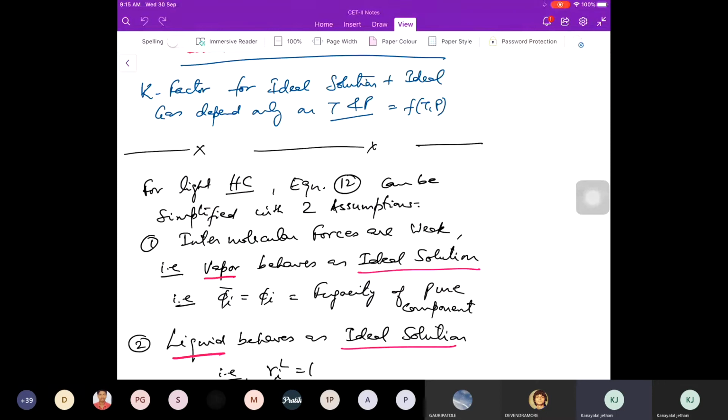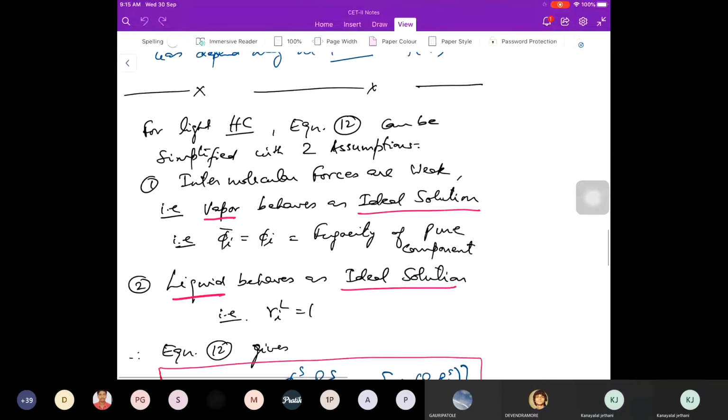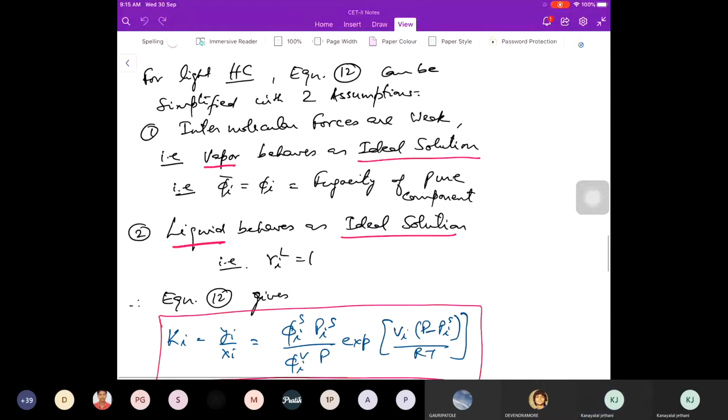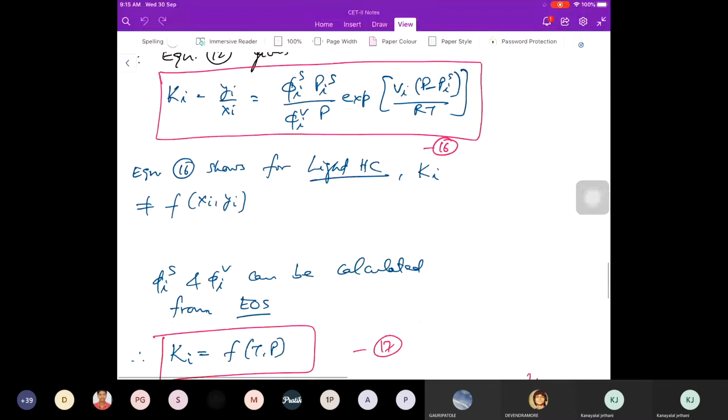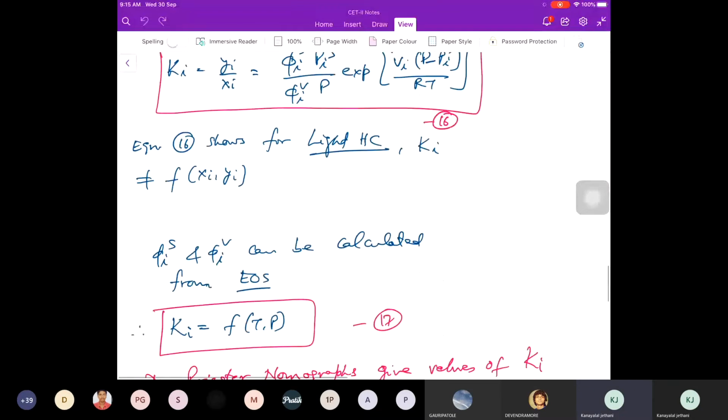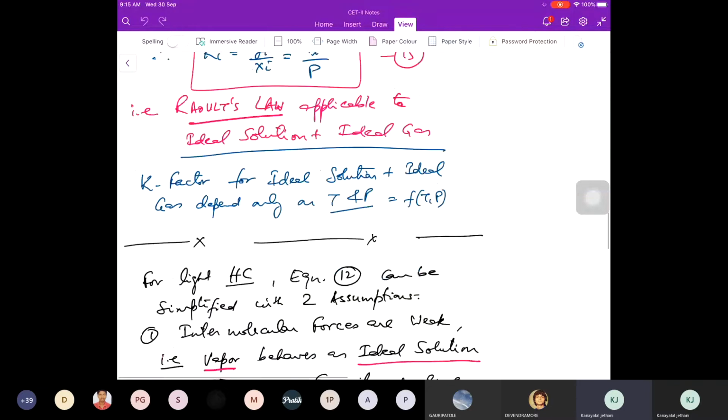When intermolecular forces are weak, we have almost an ideal gas, the vapor behaves like an ideal solution, phi bar V equals phi equals fugacity of the pure component, and the liquid behaves as an ideal solution. That's what we have done. So what we get is essentially K as a function of temperature and pressure only, which we have seen before from equation 15.